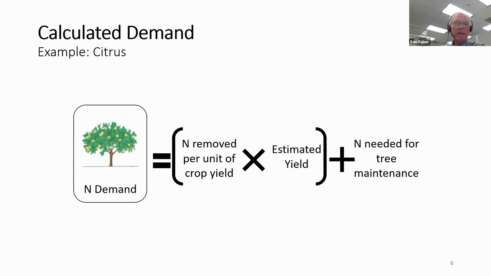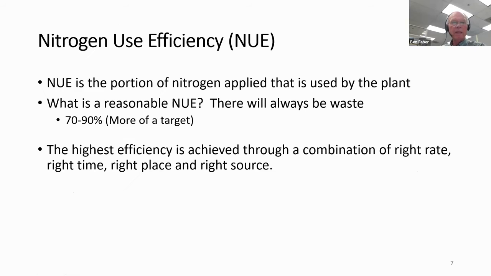So in the case of citrus, we're looking at the nitrogen removed in the crop, and then what might be needed for tree maintenance, the part that's going into the leaves and the branches, and we can come up with how much fertilizer to apply.